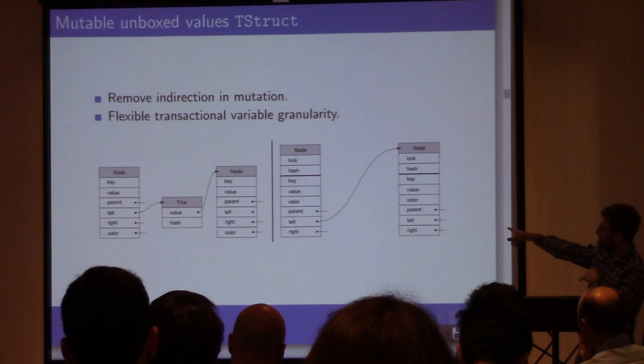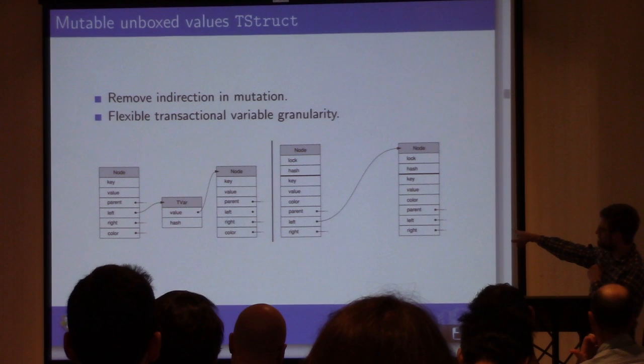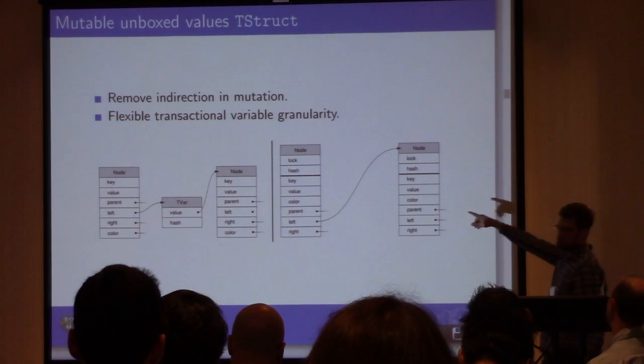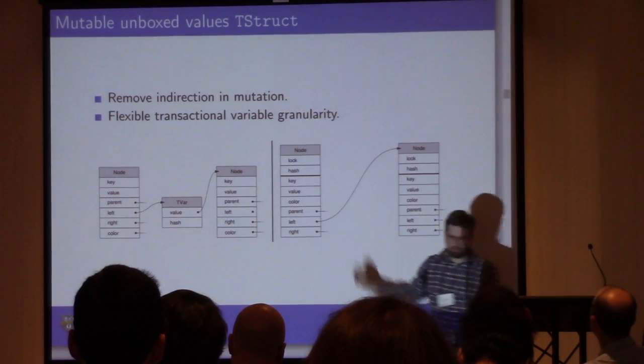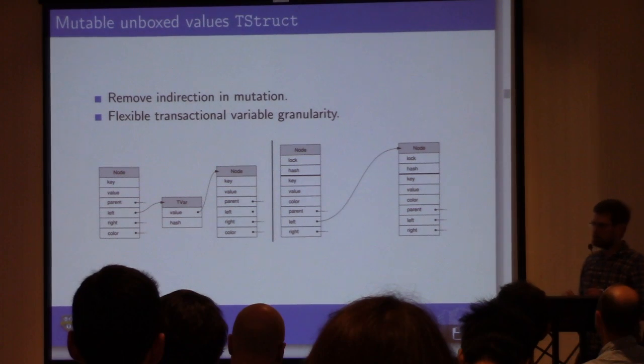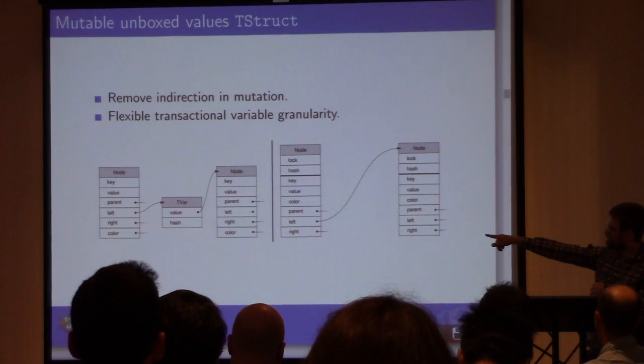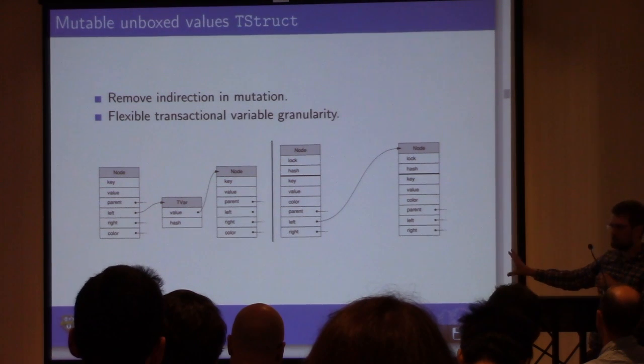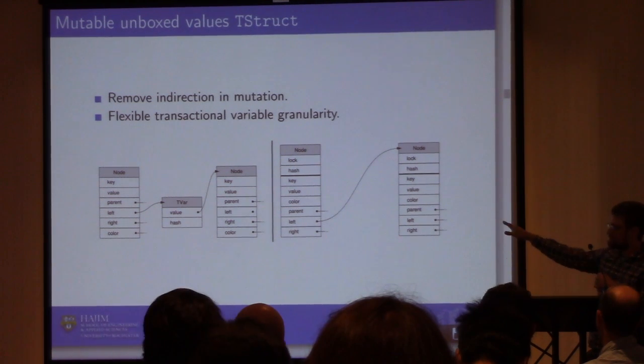So instead, we've added this transactional struct here, where all of these, both pointers and values, are mutable. So the color moved from being an indirection, a pointer for that single bit, to a whole TVAR, and is now just a word field in this structure.